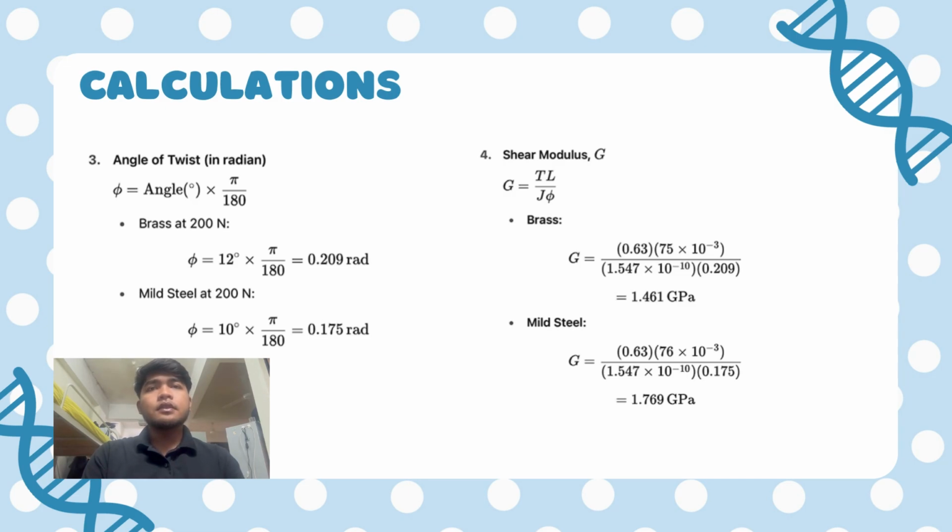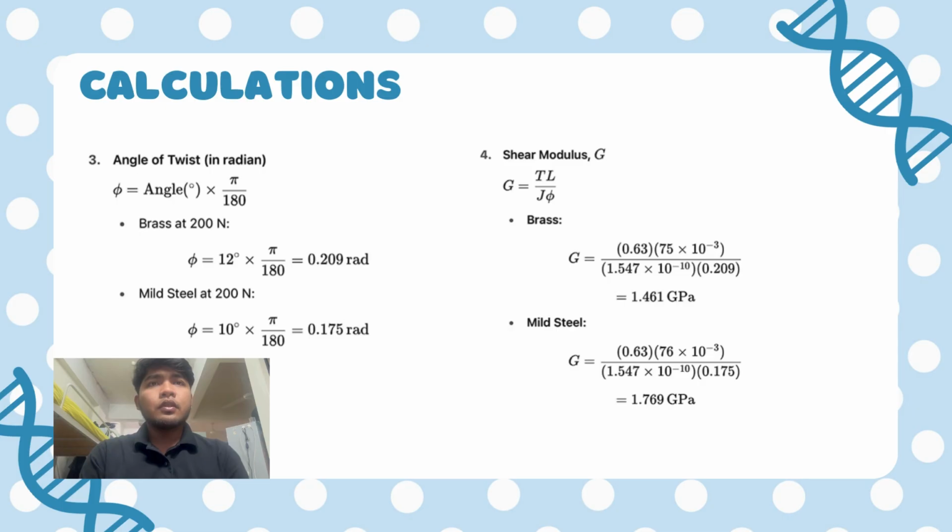So the answer is 0.209 radian. For the mild steel shaft at 200 Newton, angle of twist equals 10 degree times pi divided by 180. So the answer is 0.175 radian.